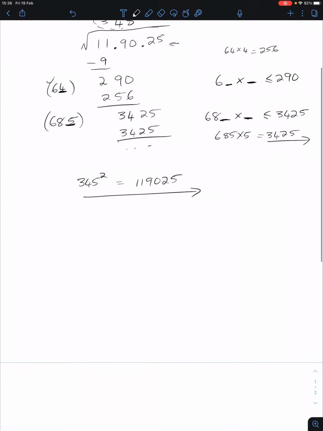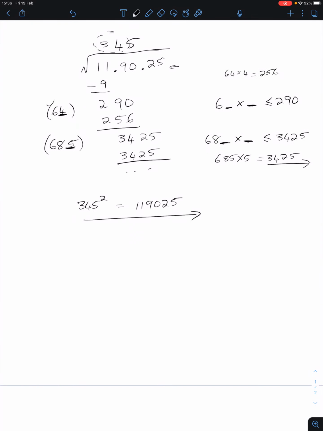So let's do another example. Say we've got the square root of 169, which we know is 13 squared. So again, we group it from the right in groups of 2. Alright, so we start off with the first group on the left, and something squared that is less or equal than the 1 will be 1, because 1 squared is 1. If you subtract that, you've got 0.